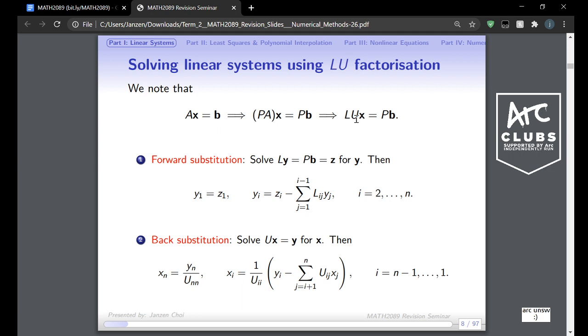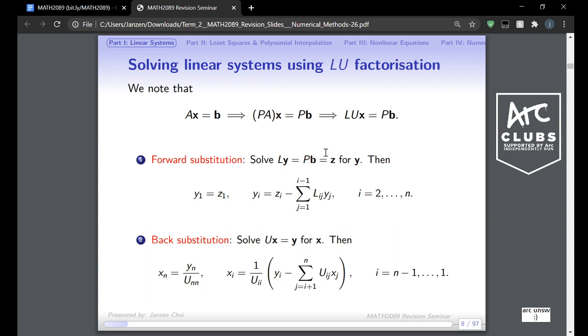We then replace Pb with a vector z, and we let Ux equal y, so the equation becomes Ly = z, and we solve Ly = z for y using forward substitution, where we solve the elements of the vector y from top to bottom.